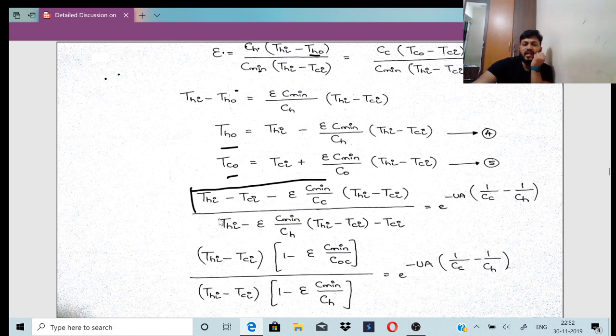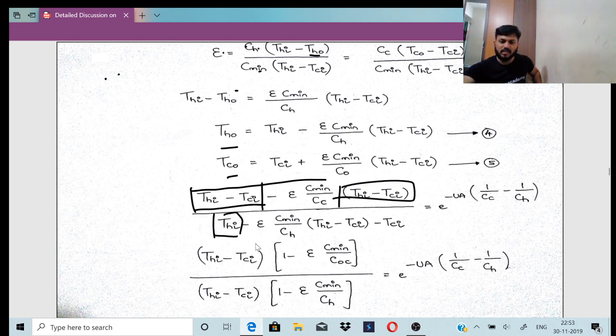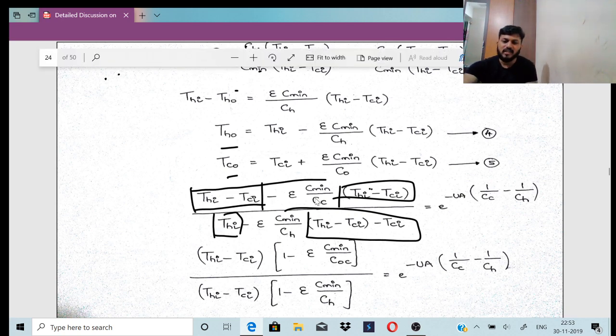So substituting it, we will get in the numerator THI minus TCI minus epsilon C minimum by CH, THI minus TCI, divided by THI minus epsilon C minimum by CC, THI minus TCI, minus TCI. So similar to the previous one, here THI minus TCI is common. So taking THI minus TCI out, what will we get? Here 1 minus epsilon, because THI minus TCI is common, it will be replaced by 1, and here also it will be replaced by 1.